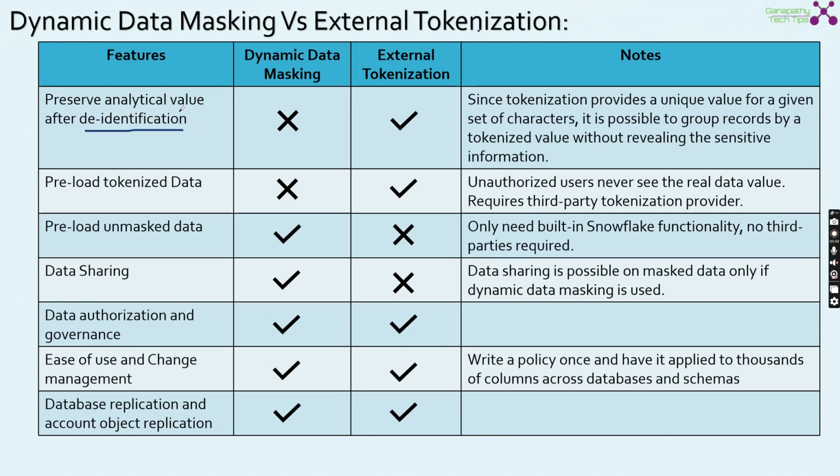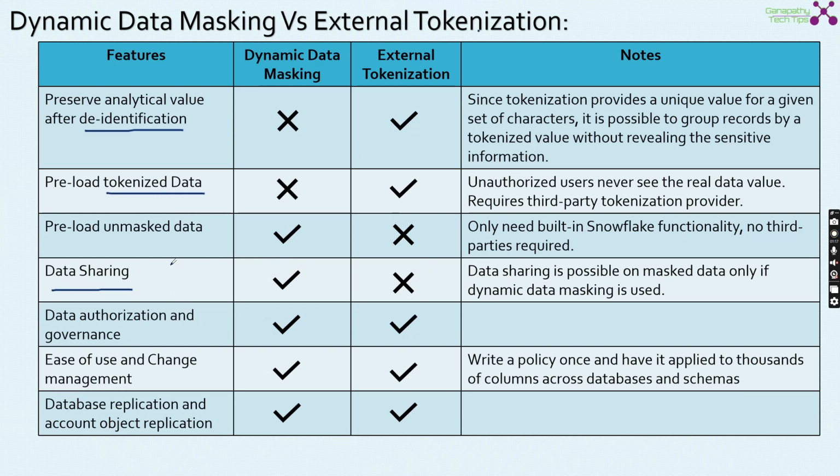So that analytical value is preserved using external tokenization, but it is not preserved using dynamic data masking. If you want to preload tokenized data, then obviously external tokenization is the right choice. If you want to preload unmasked data, then dynamic data masking is the right choice. Data sharing in Snowflake is supported by dynamic data masking only. It is not supported by external tokenization.